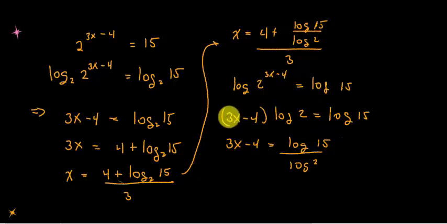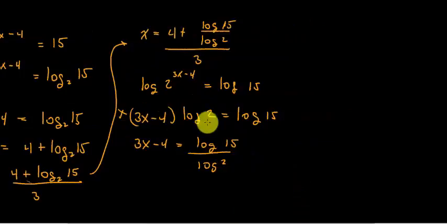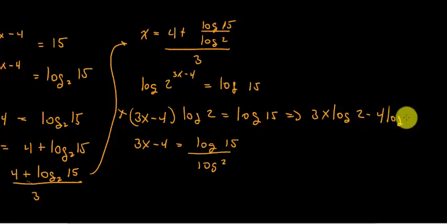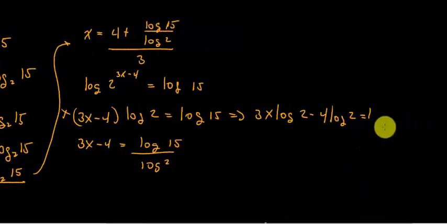Also at this step right here, let me just give myself some room. What you could have done is distributed that, and then you would have gotten 3x times log base 10 of 2 minus 4 times log base 10 of 2 is equal to log base 10 of 15.